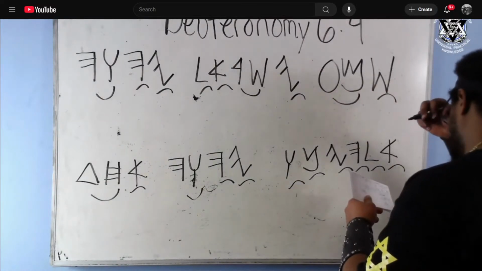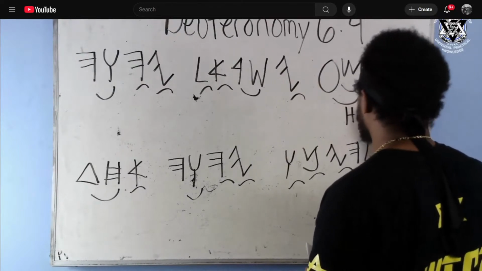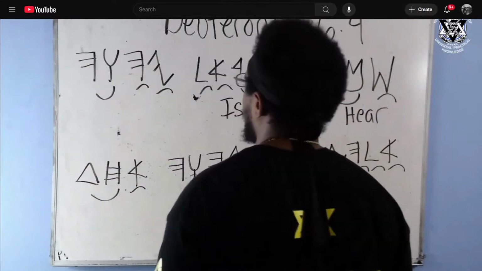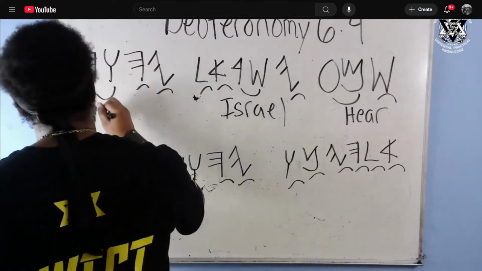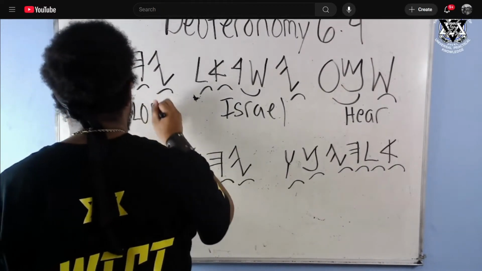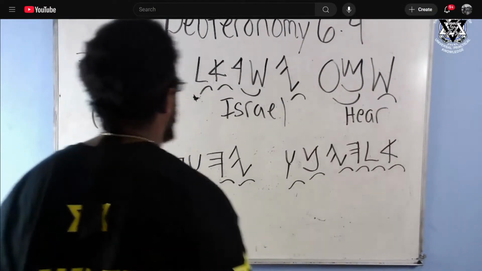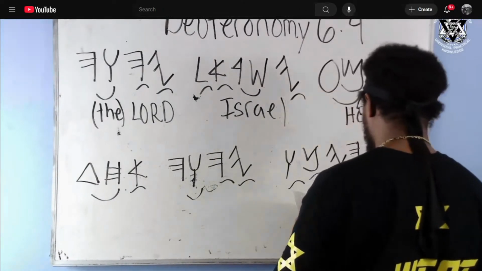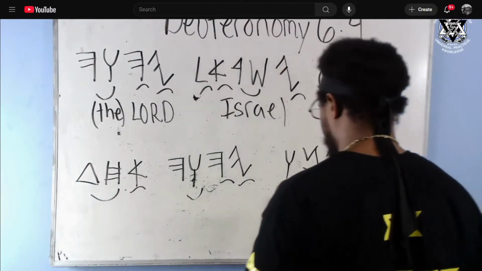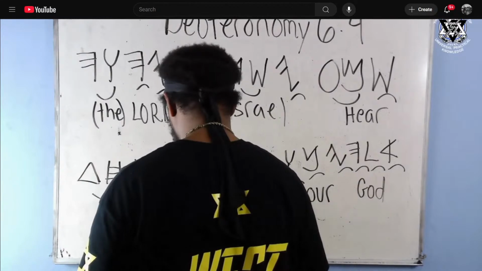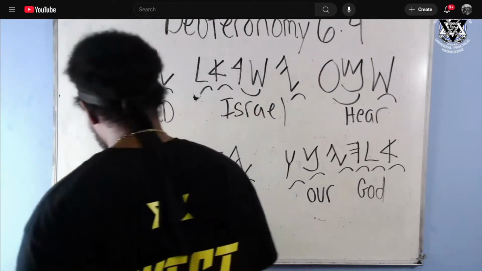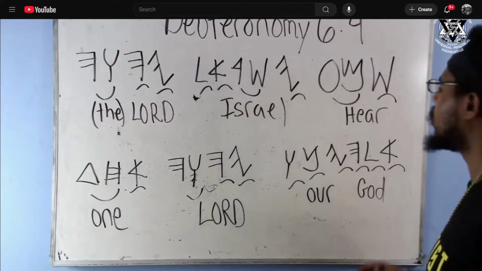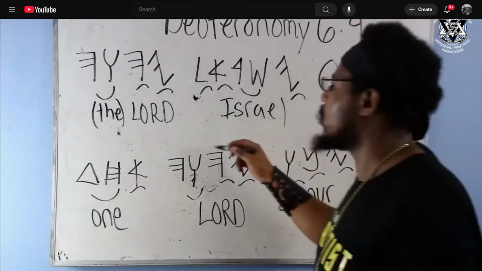Deuteronomy 6 and 4. Shema means hear. Yisrael means Israel.